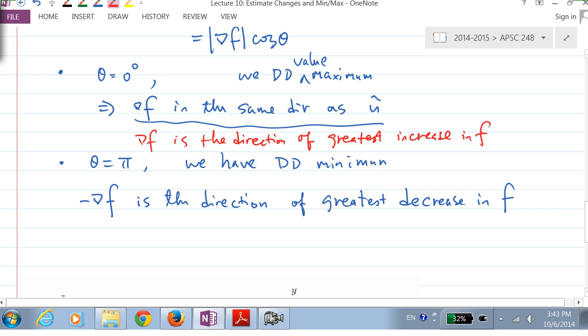So that simple formula really can bring these two important conclusions in here. There's a third one. So what happens when theta is pi over 2 then? Zero, meaning physically what? Perpendicular.